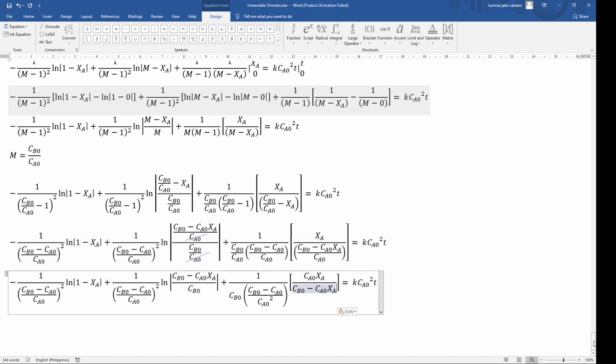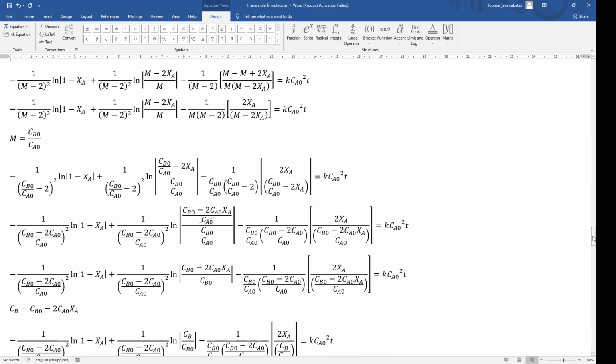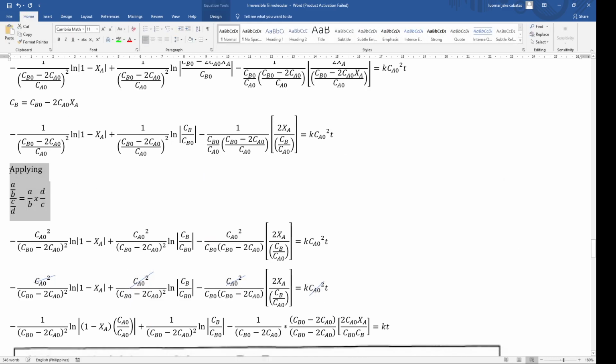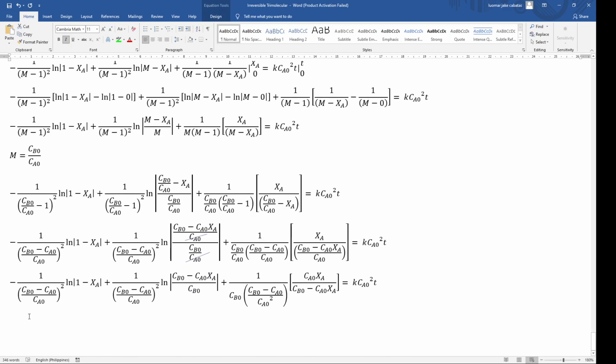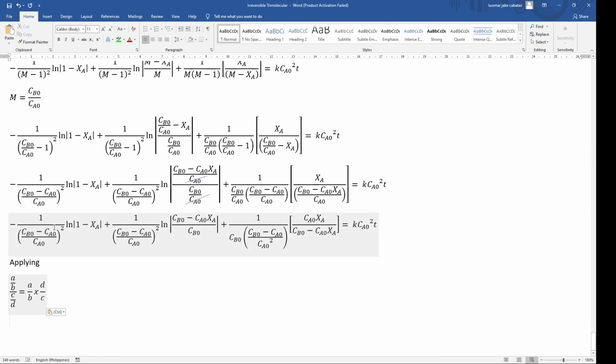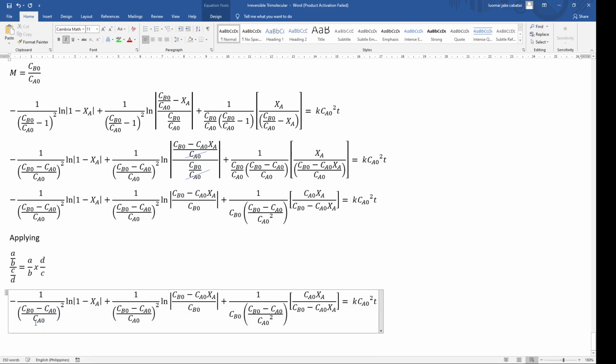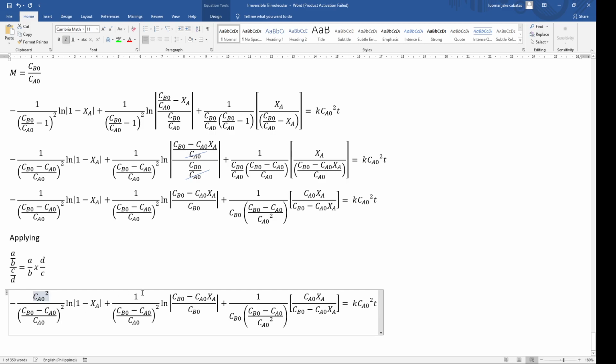And then if you remember this one, if we apply this concept, for this one we have C_AO squared, C_AO squared, then C_AO squared.